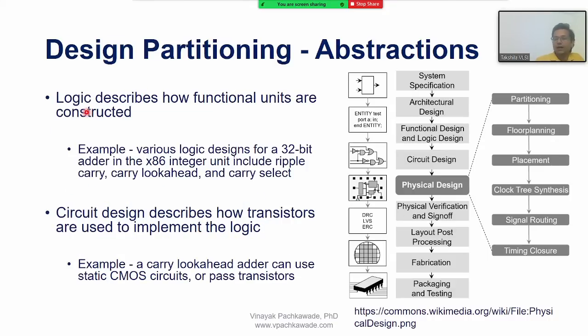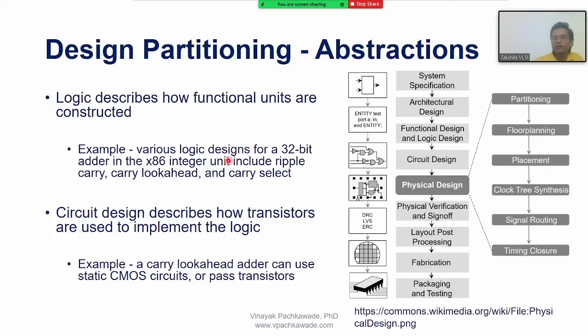One step down, first is the architecture, then microarchitecture, then we come to functional or logic design. This is the RTL team that decides and takes care of how these logic blocks are going to be implemented and how these functional blocks are to be connected to each other.